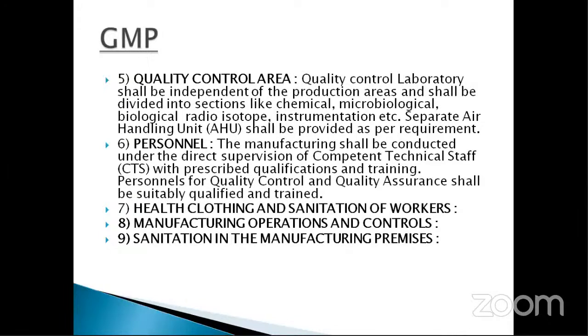Their qualification has been provided under the rules. For manufacturing facilities for non-biological type of drugs, that means drugs which are not included in Schedule C and C1, that is, drugs which are not biological and special products, what kind of qualification and training is mandatory to become a competent technical staff who can get the approval of the licensing authority to act as a CTS of that manufacturing unit?